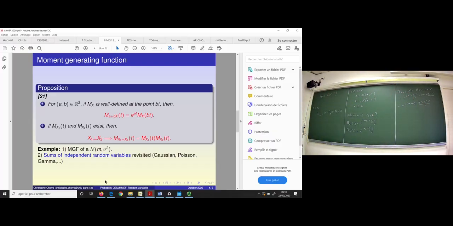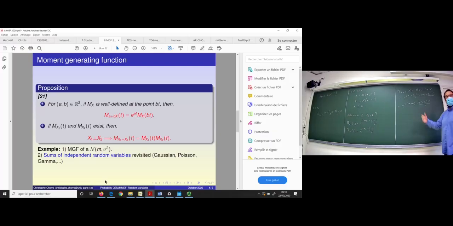I have this. What can I conclude? So now I have computed the moment generating function of the sum. I know that the moment generating function characterizes the distribution of a random variable. Okay, so if it is possible to recognize the classical moment generating function, my job is finished. It's exactly what I have here.